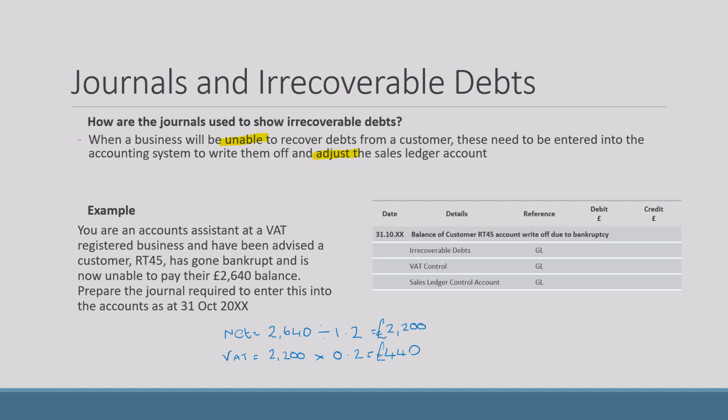So now we know what these are. Your irrecoverable debt is only going to be the net amount that goes through because that's actually what you've lost in the business.